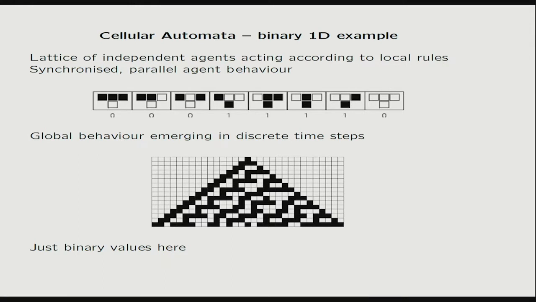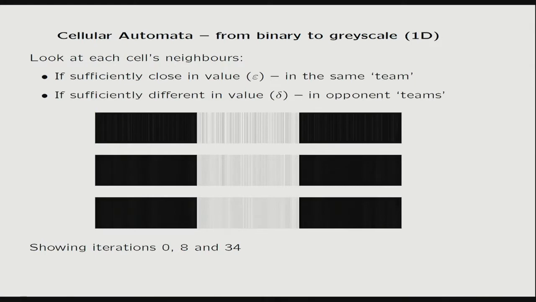And you can already guess that the next thing to do is to generalize this and to say, okay, I'm still in a one-dimensional space, I'm still an independent cell, I look left and right of me, but now left and right of me I can see any grayscale value. And what I'm trying to do is to work out whether to team up with my left or with my right.